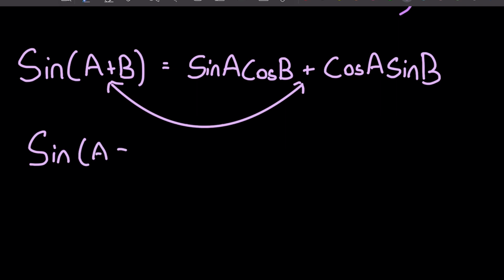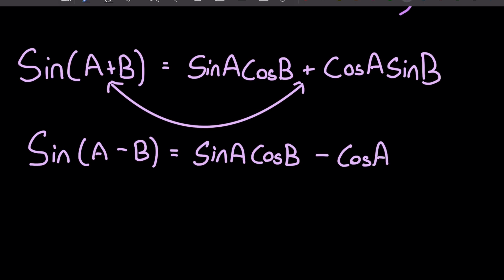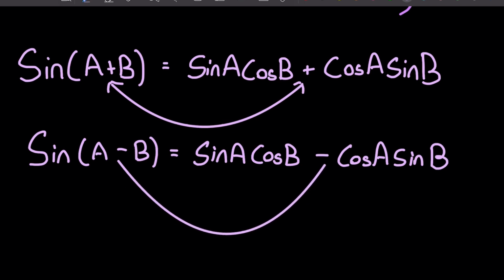In that case, since we know we have to keep the signs the same, it will be sine a cos b minus cos a sine b. Please notice that these two signs are the same when it deals with sine. So for expansion of sine, the sign is always the same.